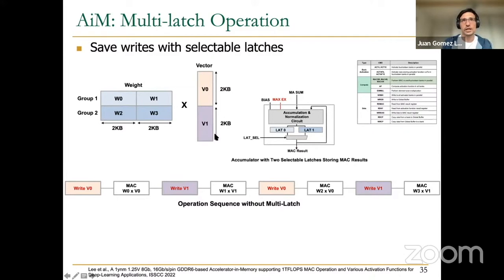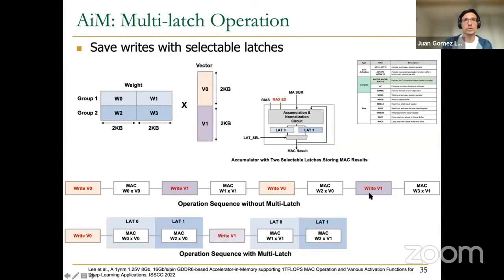After that, we would need to write this other part of the vector in the global buffer, and then perform the multiply accumulate operation with the weights, and then we have to go again to vector 0 in order to perform the operation with a different row of the weights. So as you see, in total, 4 writes would be needed.